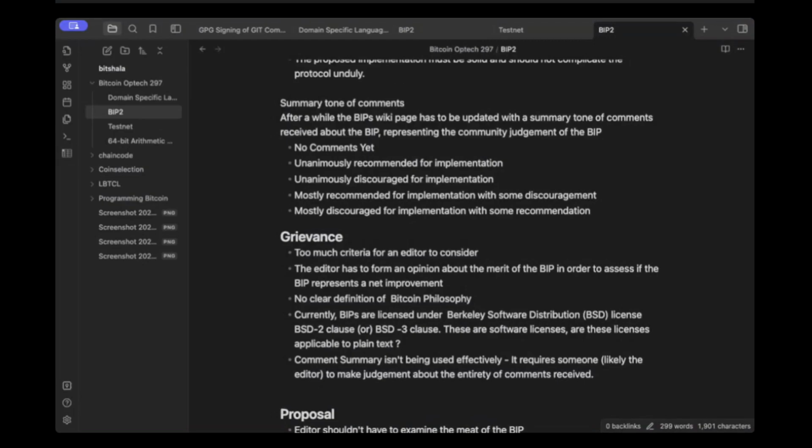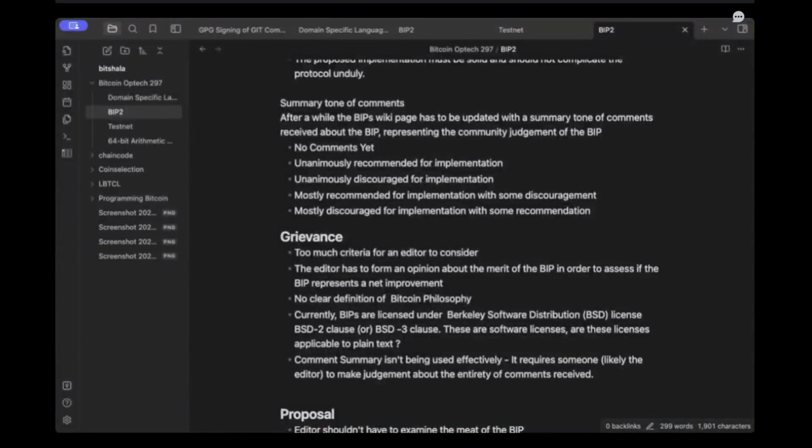But the grievance is that these are software licenses, and since BIPs involve a large part of plain text, the question has been put: do these licenses actually apply to something which is largely text, when the implementation of the BIP is the actual software part, which comes later?